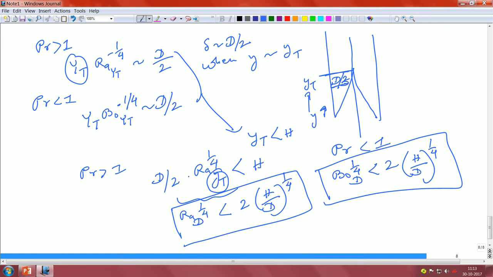In conclusion, in order for this kind of flow to exist, where yt is much smaller, your Rayleigh number has to be less than a certain geometric aspect ratio of the channel that you are concerned with here. This is the most crucial form: your Boussinesq number or Rayleigh number has to be lower than the aspect ratio of the channel.